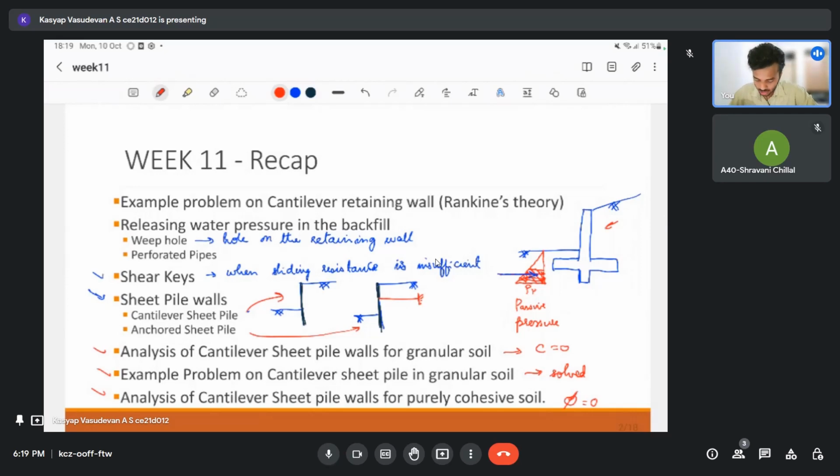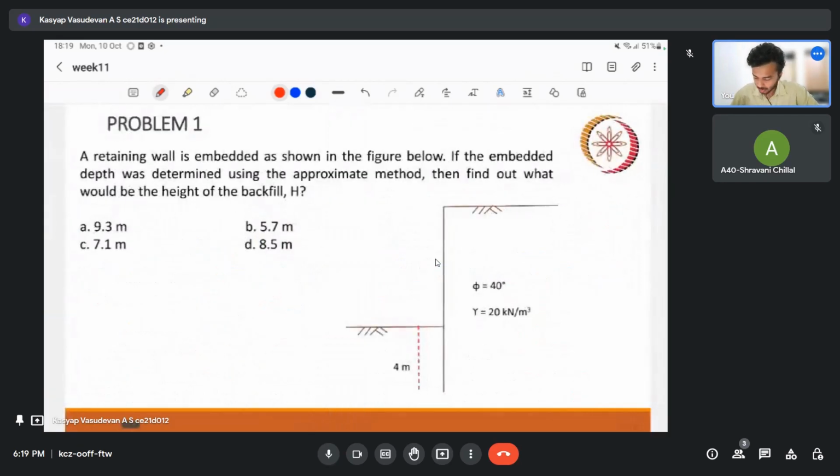Now the first problem is quite simple. The idea is we are supposed to find the height. The question is that we have a retaining wall embedded as shown below. If the embedment depth is determined using the approximate method, find out what would be the height of the backfill.